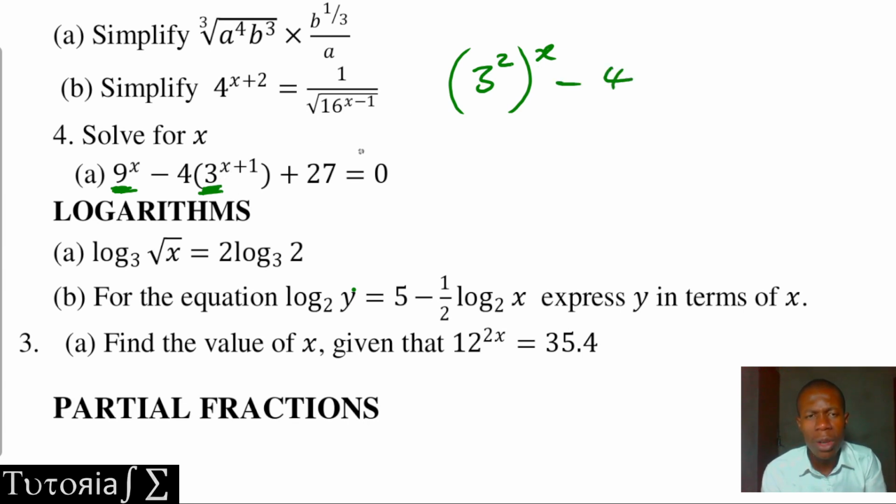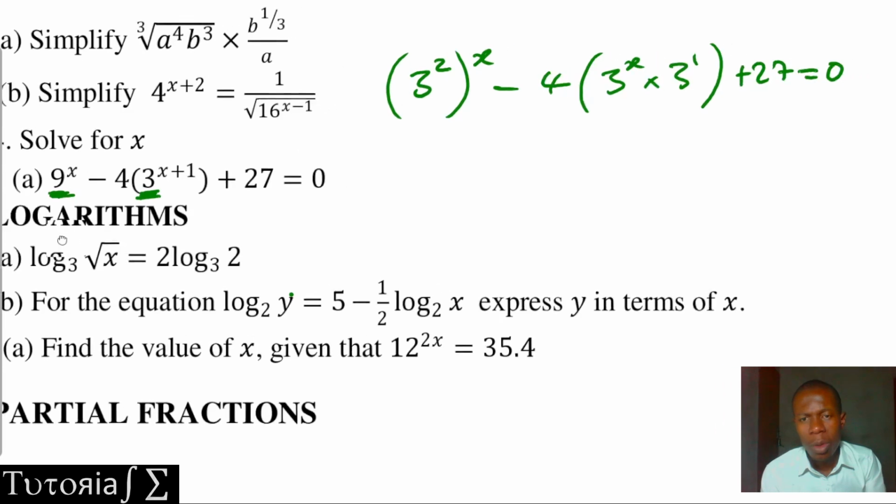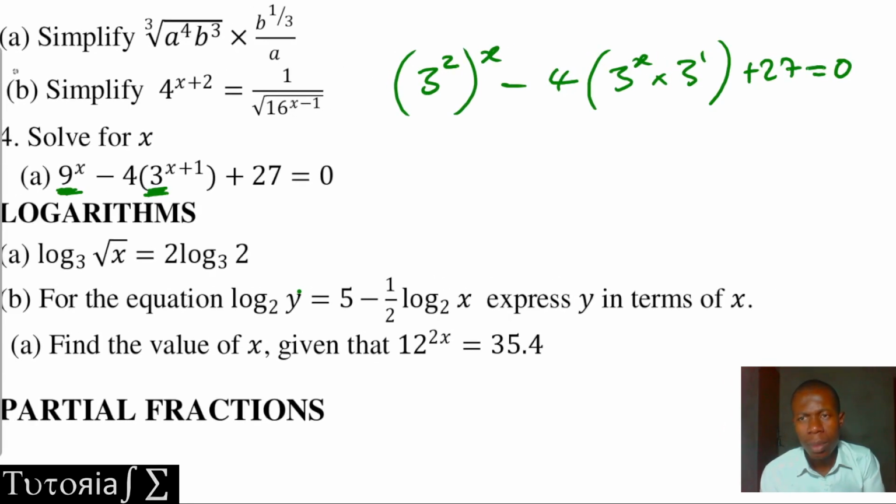Then this can be rewritten as, since the powers are adding here, 3 to the power x times 3 to the power 1 plus 27 equal to 0. Okay, so that is what we can do there. Then here we can simplify further.